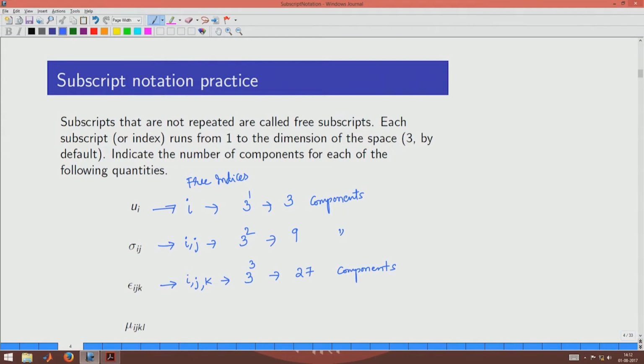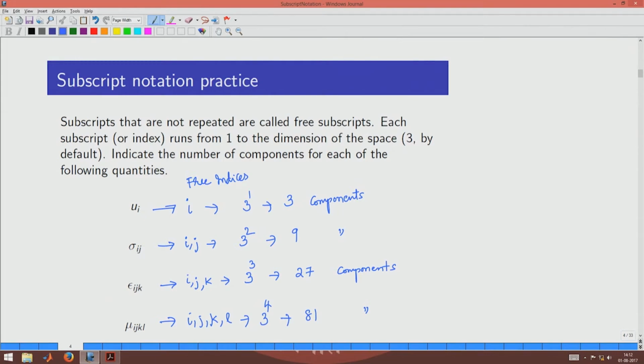So, writing it as epsilon ijk would be very simple, and mu ijkl is a quantity which has 4 free indices, and it would mean that there are 81 components, and you could imagine that doing algebra with 81 components would be quite tedious. So, using the subscript notation would be quite useful when we take quantities which have many subscripts like this.